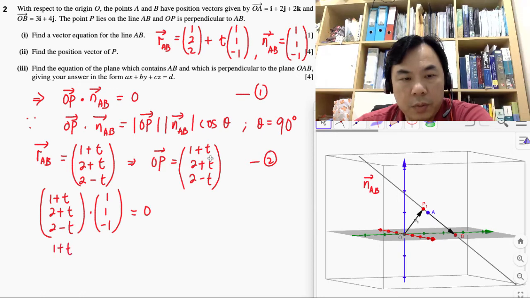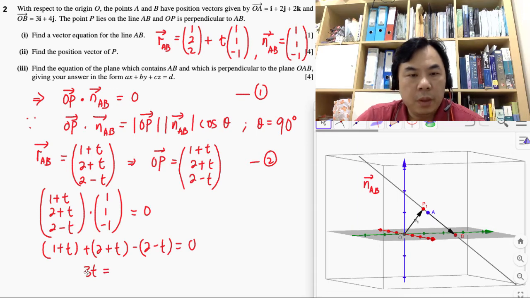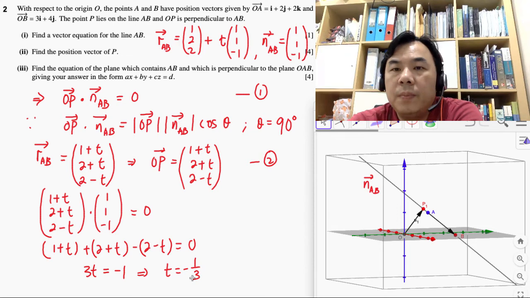I will have this plus 2 plus t here, and then minus 2 minus t is equal to 0. So from here, we have 2t, we have 3t, so 3t is equal to negative 1. Therefore, t is equal to negative 1 over 3.